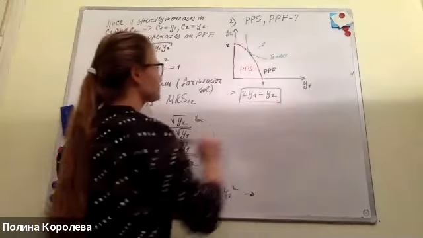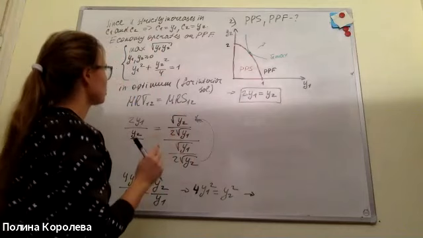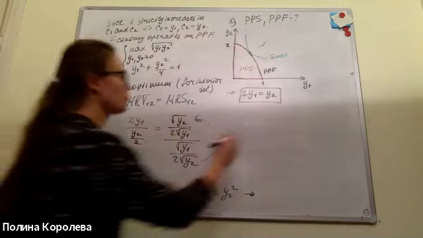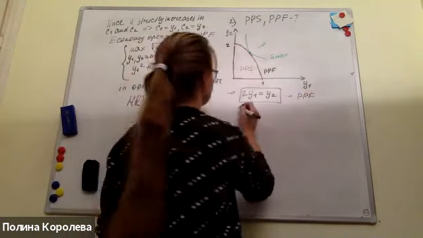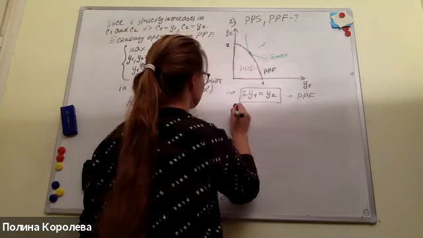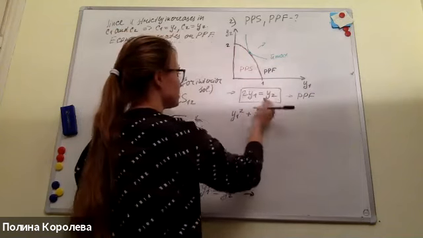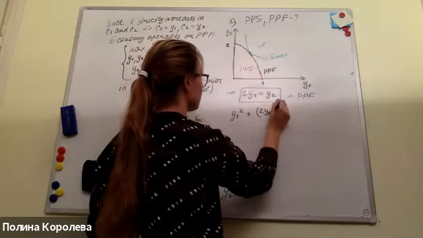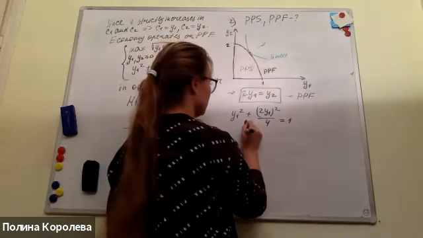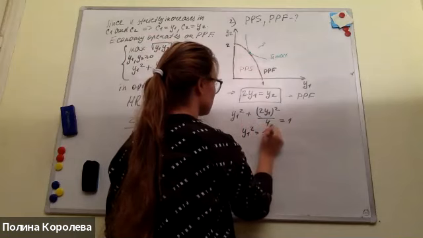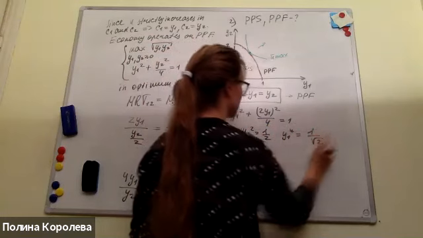So from here, this is the optimal proportion of production. Put this optimal proportion into our PPF equation, and we will find the optimal point, the Pareto efficient allocation. Y1 squared plus, instead of y2, I write this proportion, (2y1) squared divided by 4, is equal to 1. From here, y1 squared equals 1/2, so y1 star equals 1 over square root of 2.